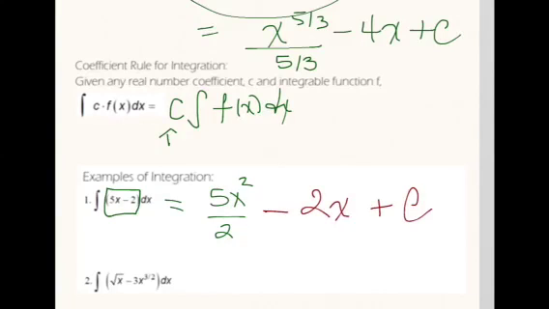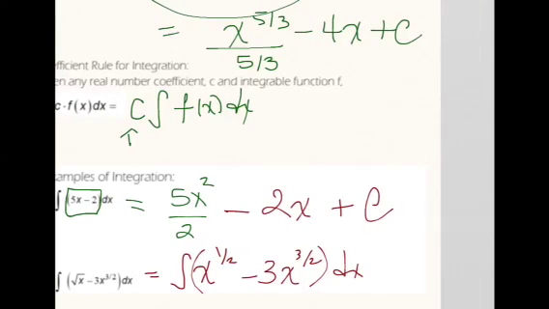This next one, which I may not quite have the space for, we'll figure it out though. You need to rewrite this before you can do anything. The square root of x is x to the 1/2. And again, just keep in mind what this thing is asking of you. It wants you to find the antiderivative of the thing in the middle. And the thing in the middle has two parts.